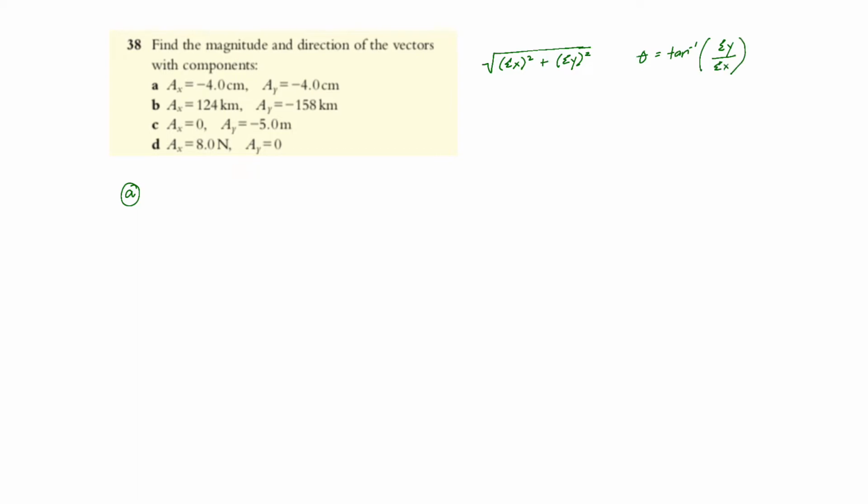Now, since we're talking about AX and AY, we can still apply the formula, which is the x component squared plus the y component squared, and then the angle of the vector is the arctan of AX over AY. Oops, it's actually AY over AX.